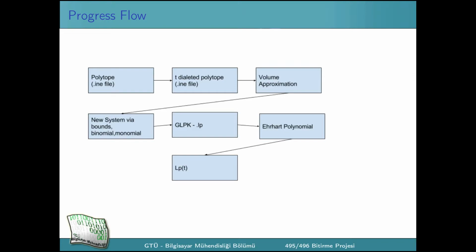Flowchart of the project is shown here. We are getting the polytope from the inequalities file, applying the t-dilation to the polytope, and creating a new file. We are using Emre's volume approximation code to get the Euclidean volume.